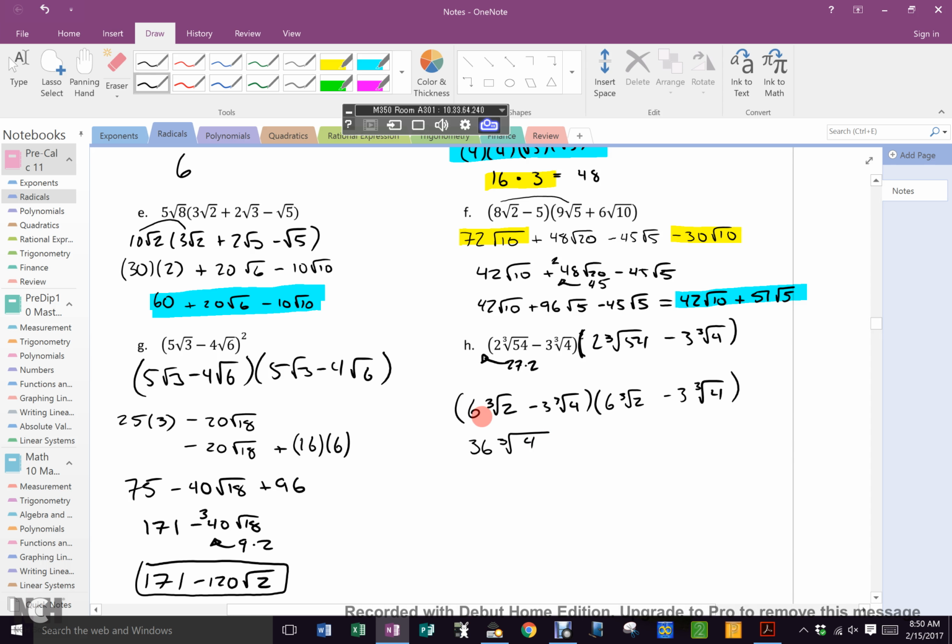So AB is negative 18 root 6, yes? Right? And there's 2 of them. So it's minus 36 cube root 6. Yeah? Yeah, because there's 2 of them. 4 and 2. Oh, sorry.